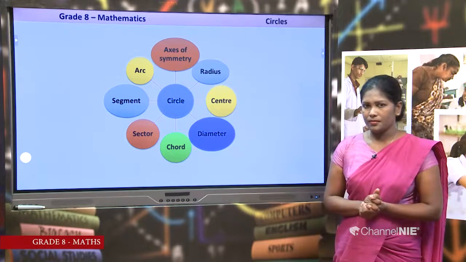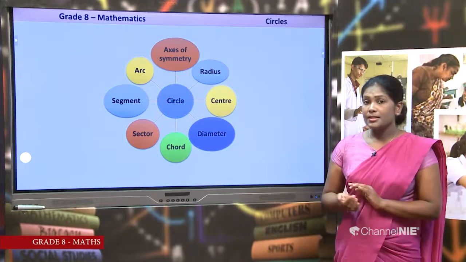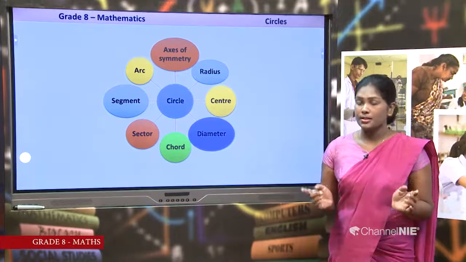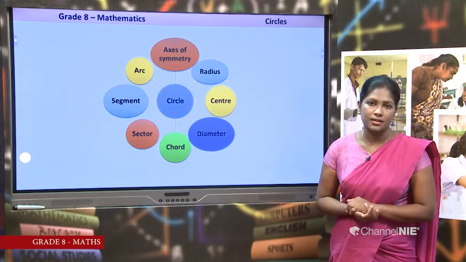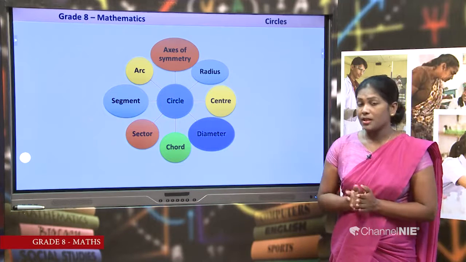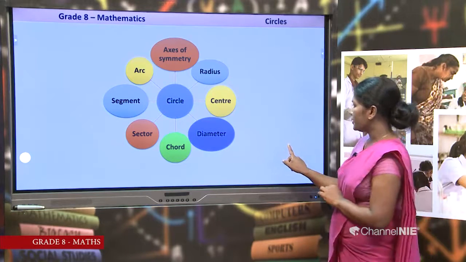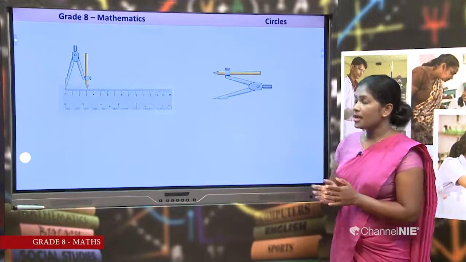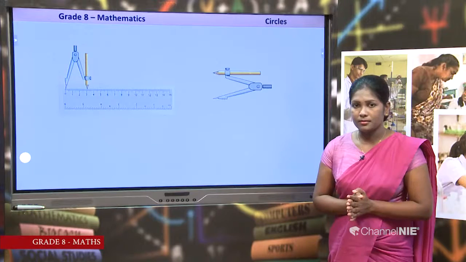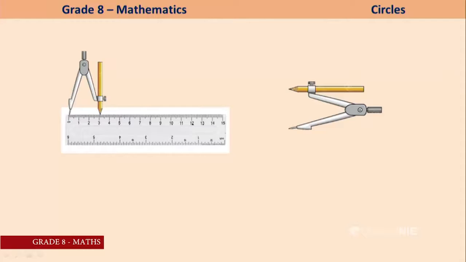Okay children, first let's see how to draw a circle using a compass. Do you remember? Grade 7 also you learnt about that. Look at that. There is a compass with a pencil and also here a ruler.